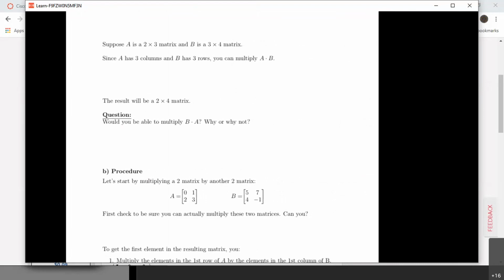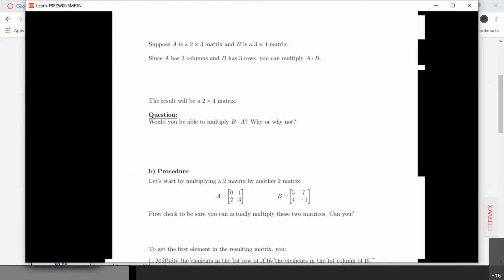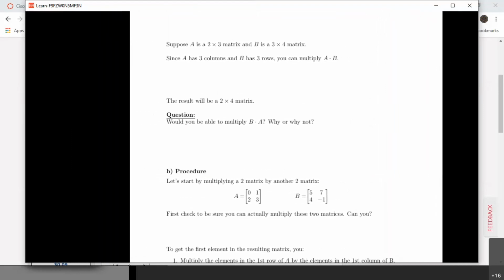Suppose A is 2 by 3, and B is a 3 by 4. So here's what you're thinking: A times B. I'm using the times symbol as a star, but again, you can use a dot.